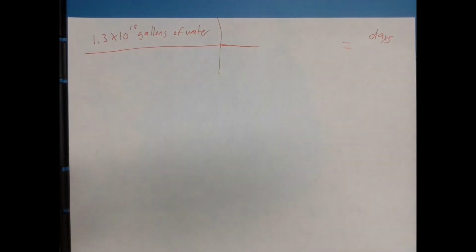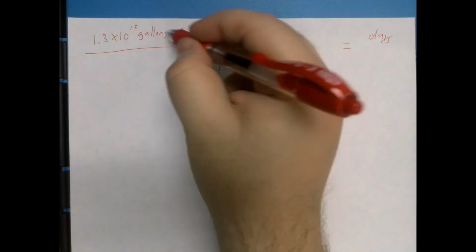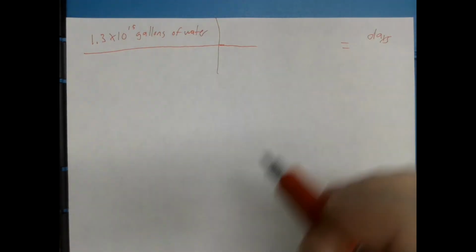So we want to get something that's in days. We need to use some conversion factor that will cancel out gallons of water and give us just days.